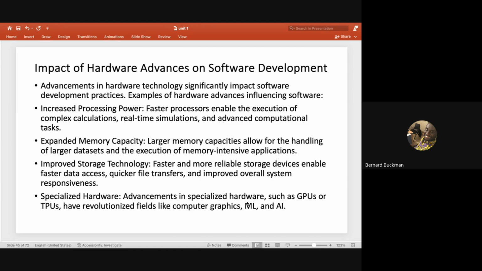We're talking about how hardware advances have improved software. When memory capacity increases, our machines function very well.